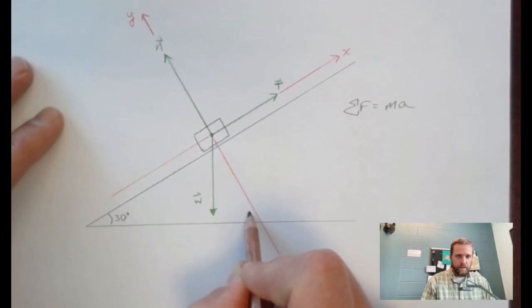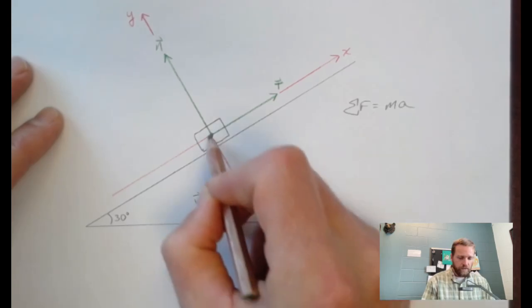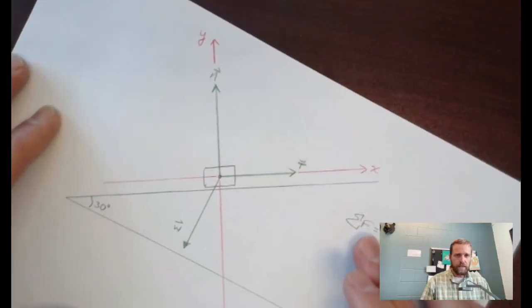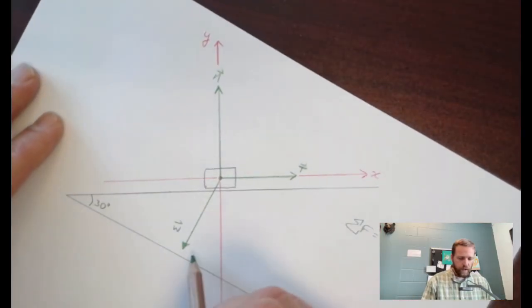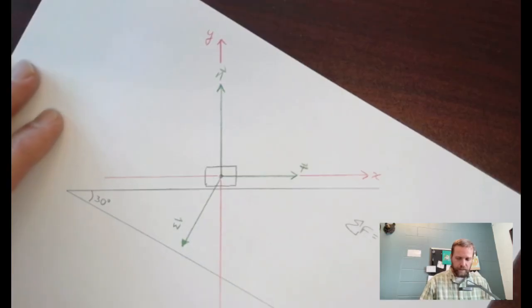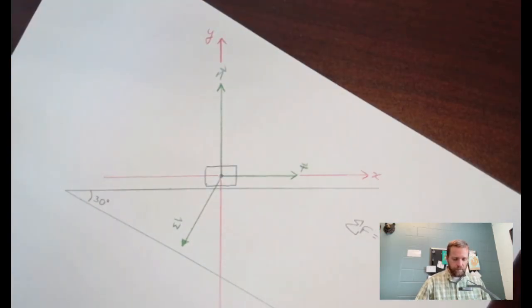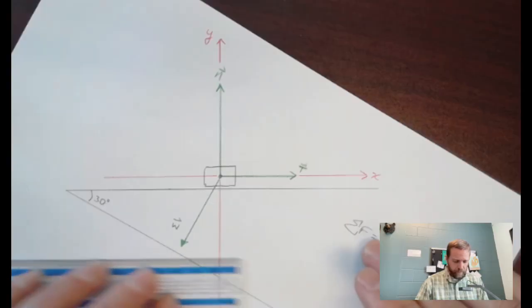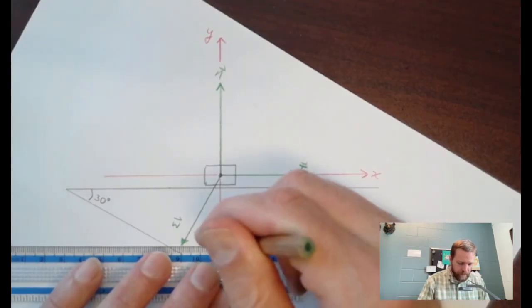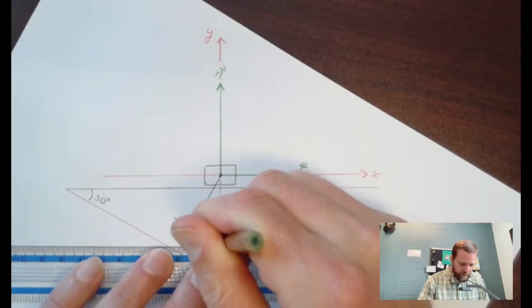Our coordinate system is like this, so I need the weight to be broken into the x direction like that. I'm going to draw the two components here. I should have one component in this direction, like this.